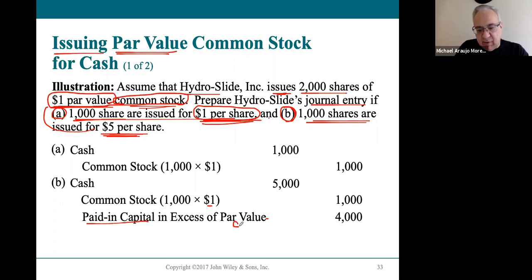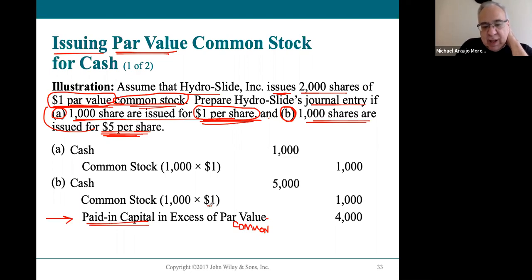So oftentimes you'll have one of these accounts for common stock, and you'll have one also for preferred stock. So this is going to be the difference. Any amount of money you raise above the par value is going to be put into this paid-in capital account in excess of par.